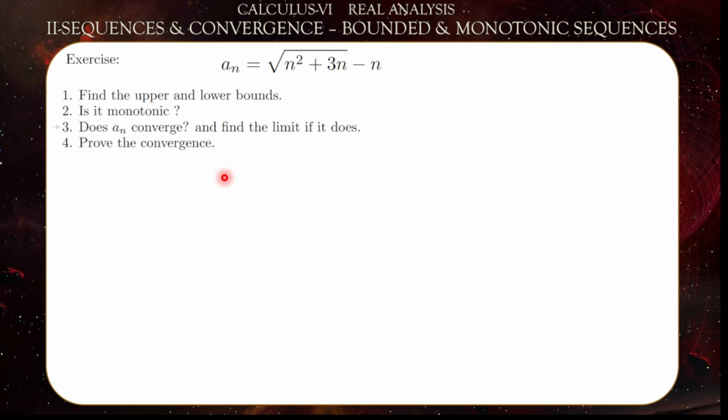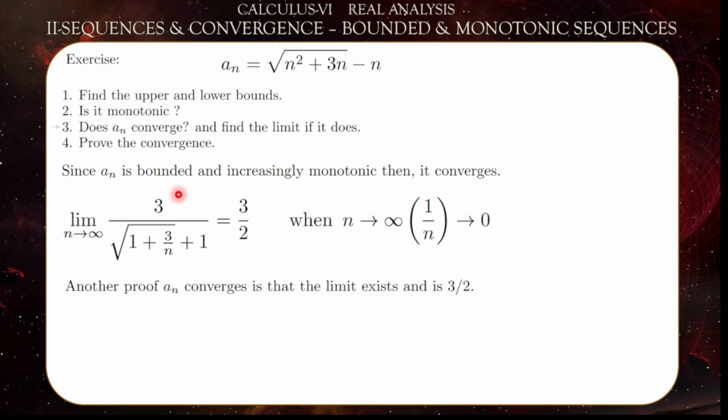Does a_n converge? And let's find the limit if it does. Since a_n is bounded and monotonic increasing, then it converges, even without going into the proof of the limit. But we're going to prove it anyway. And by the way, proving the limit means as well proving the convergence.